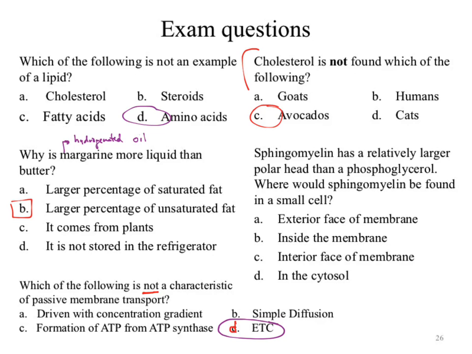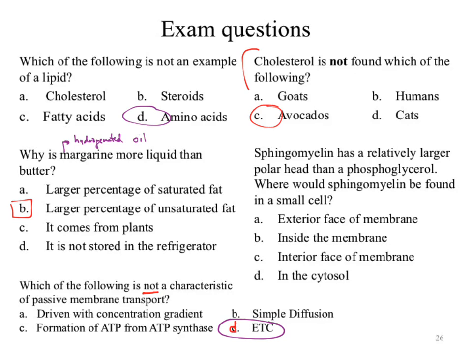Sphingomyelin has a relatively larger polar head than phosphoacyl or phosphoglycerol. Where would sphingomyelin be found in a small cell? Okay. So we're definitely referencing our membrane. Where on the membrane? So inside the membrane, that doesn't really make sense. That's just saying inside the cell. That's the cytosol.